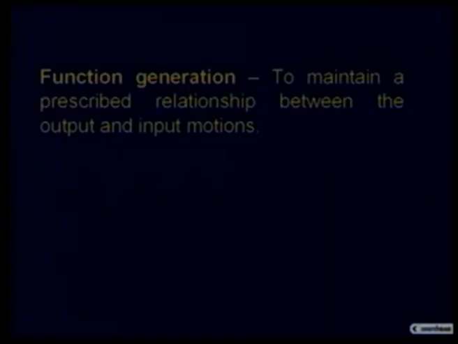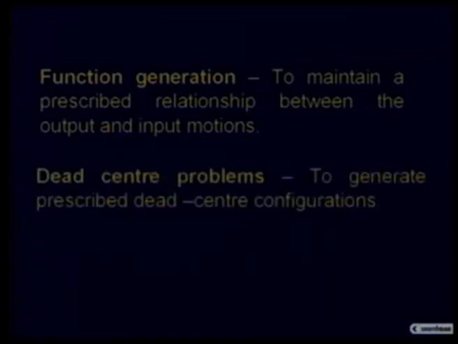The last class of problem we call dead center problems. In this type of problem, we have to design the linkage such that we can generate prescribed dead center configurations. So, we have four classes of problems in dimensional synthesis of linkages, namely motion generation, path generation, function generation and dead center problems.